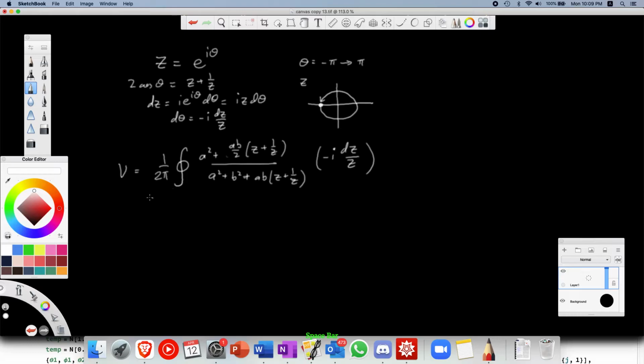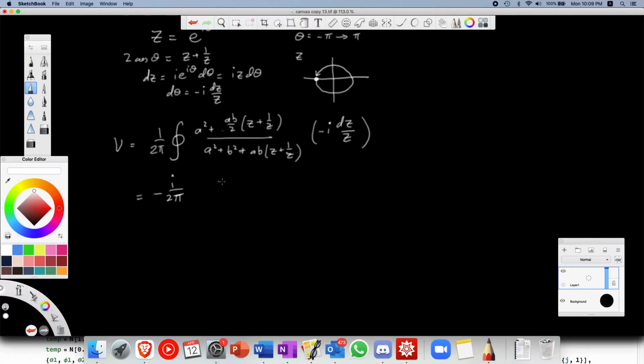So then you have minus i dz over z, and this is a contour integral. So you can pull the factor of i out, and what do you have over here? You have quite a mess, but let's sort it out. Let's try to make the numerator a polynomial in z. So we multiply both the numerator and denominator by z.